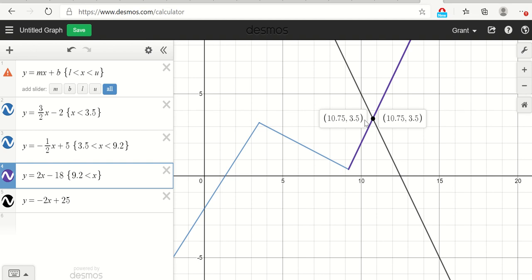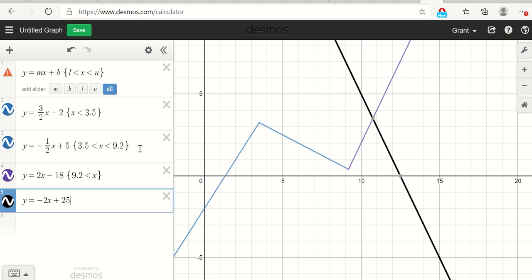So I'm going to want to restrict the x values that I allow to be shown on this particular graph of these two lines. So let's say for the black line, I only want to allow x values down and to the right of this collision. I want to get rid of the x values up and to the left of this collision.